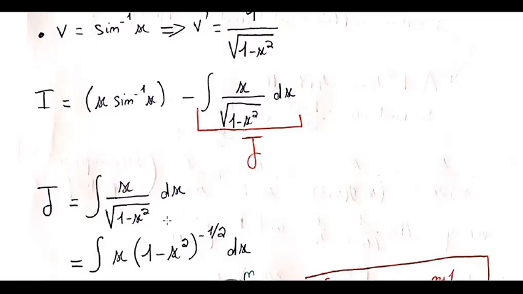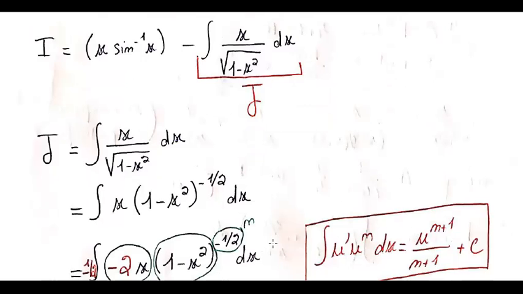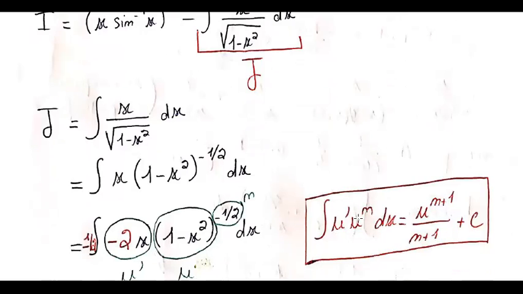I'm writing the integral this way in order to be able to use the rule that the integral of u prime u to the power n dx is u to the power n plus 1 over n plus 1 plus c. I have another video explaining how we can use this rule, and I solve many integrals using it.